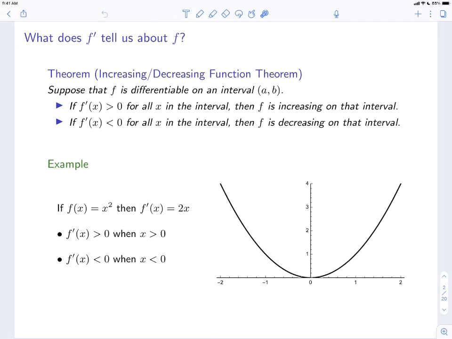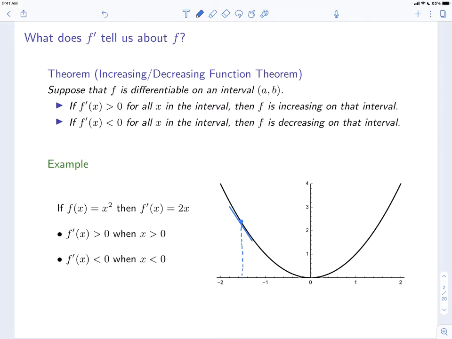We can see that this is related to the slope of tangent lines. If we look at a negative x value, to the left of the y-axis, we can pick any such x value and draw a tangent line at the point on the graph, and we can see that the slope there will be negative.